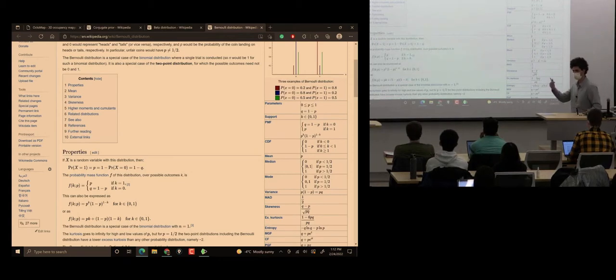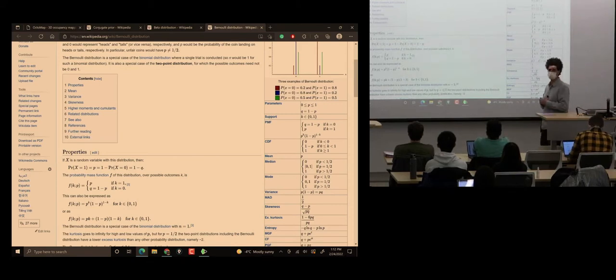You toss a coin, right? You get head and tail. You can model the measurements of tossing a coin using a Bernoulli distribution, which in the limit you expect to be 50-50 if it's a fair coin. Can you model a die with Bernoulli? No? Why not?